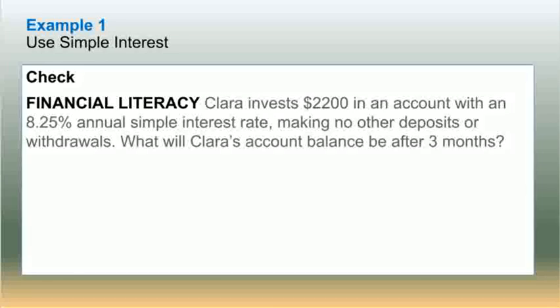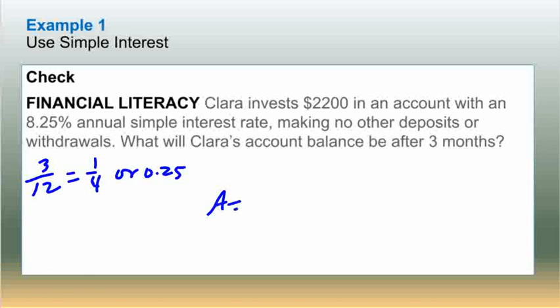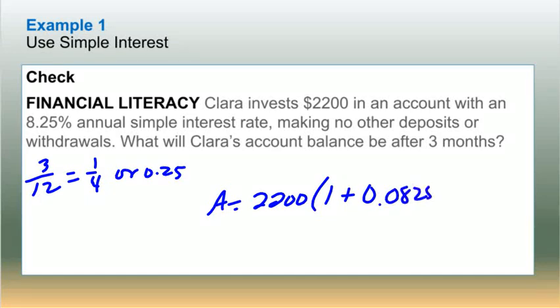Another, Clara invests $2,200 in an account with an 8.25% annual simple interest rate, making no other deposits or withdrawals. What will her account balance be after 3 months? So that's 3 out of 12, which makes 1 out of 4, or 0.25.